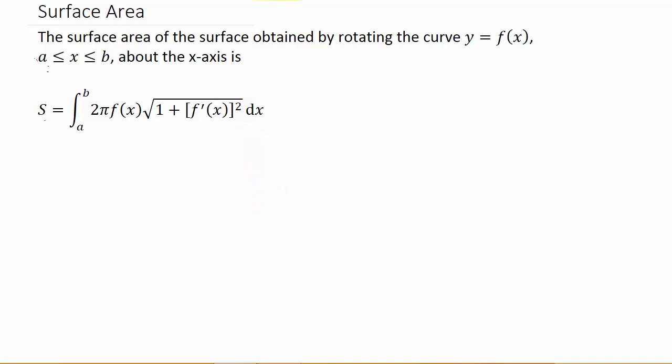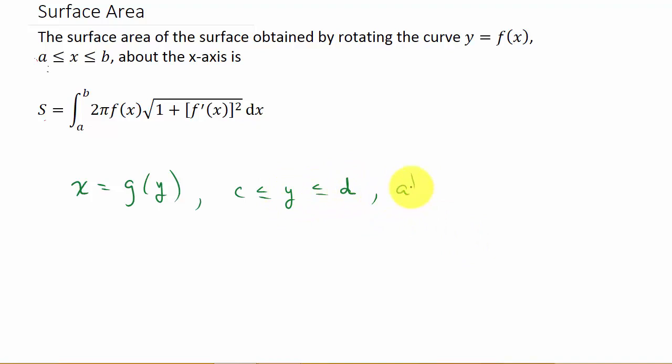All right, well, sometimes you might revolve about the y-axis. So if you have a function x equals g of y, let's say we're in terms of y, and we're going to revolve this surface about the y-axis, from, let's say, y from c to d.